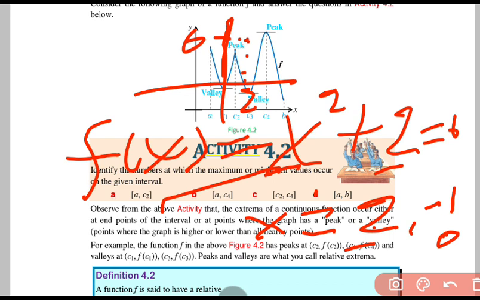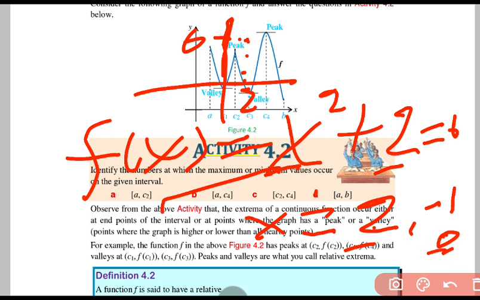Let's make it 0. When x is 0, what is the value of the function, or y, expected?